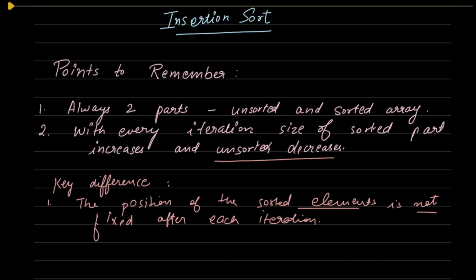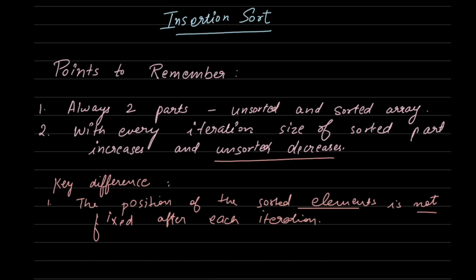Basically, we used to pick one variable, insert the first element, but later on, whichever was the largest element, we used to take that in the variable and then replace its position. But in insertion sort, in every iteration, we just pick the next element, and we place it in the sorted array wherever it lies with respect to the elements currently present.